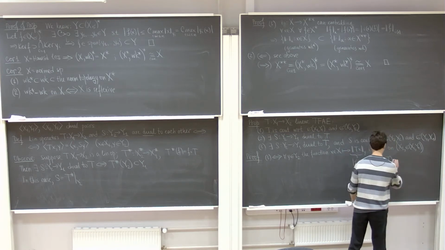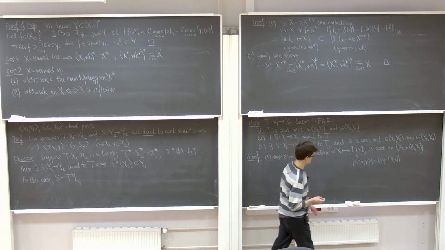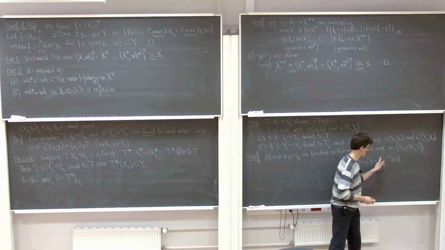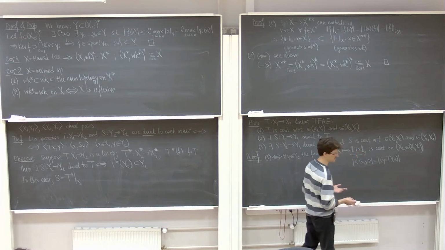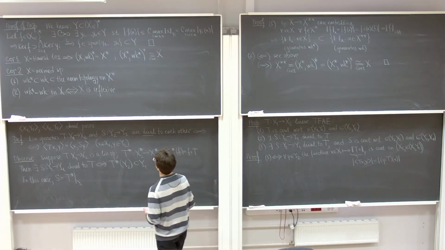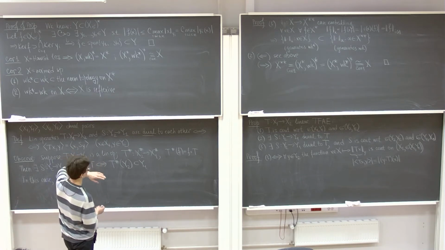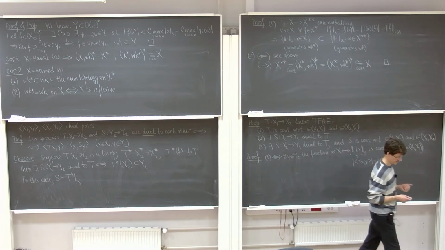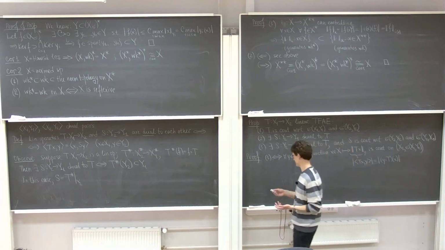So this function should be continuous, but this is a linear functional on X. So we now apply our previous result. The result was that a linear function on X1 is continuous with respect to the weak topology if and only if it belongs to Y1.